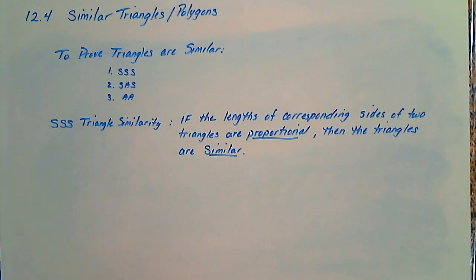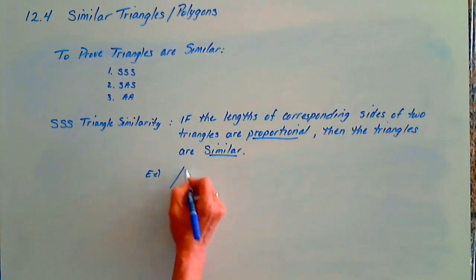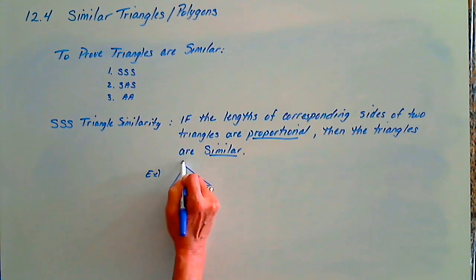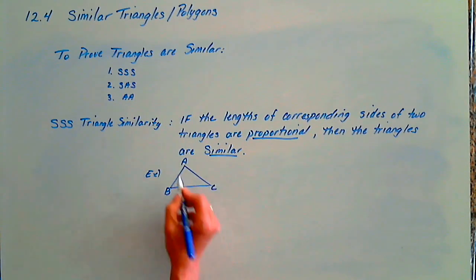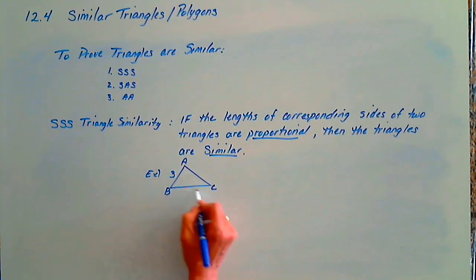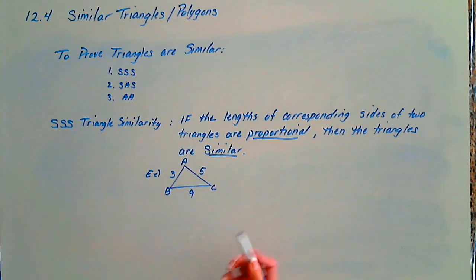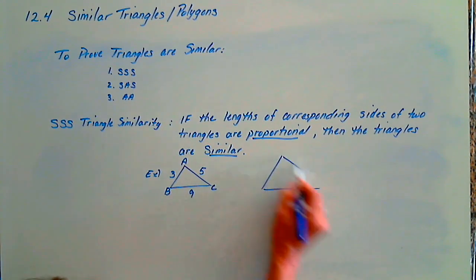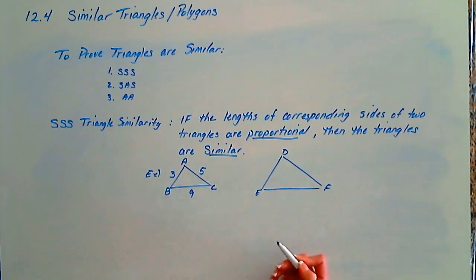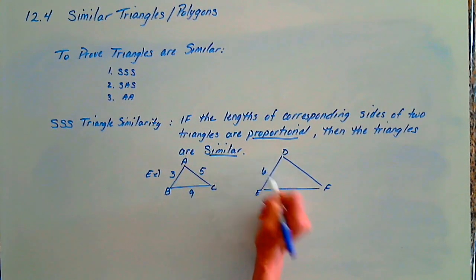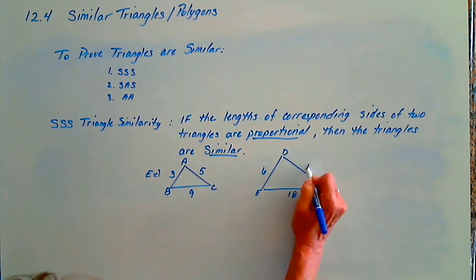Okay. So for example, if I have triangle ABC, which has side lengths AB of 3, BC of 9, and AC of 5, we want to try to prove that it is similar to triangle DEF, where side DE is 6, side EF is 18, and side DF is 10.